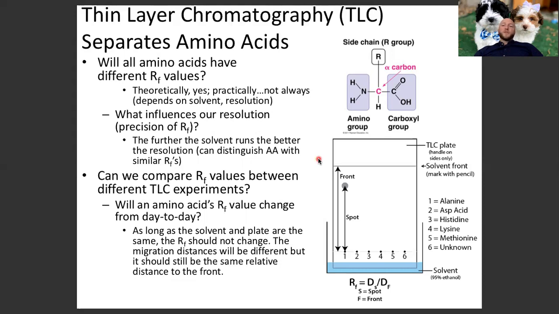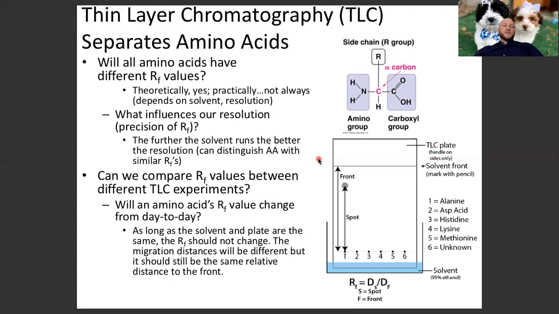It's just that using our rulers, our tools, we don't have enough accuracy for it. So, let's say amino acid 1 moves 2 inches and amino acid 2 moves 2.0001 inches. Practically we might not see that difference in lab.